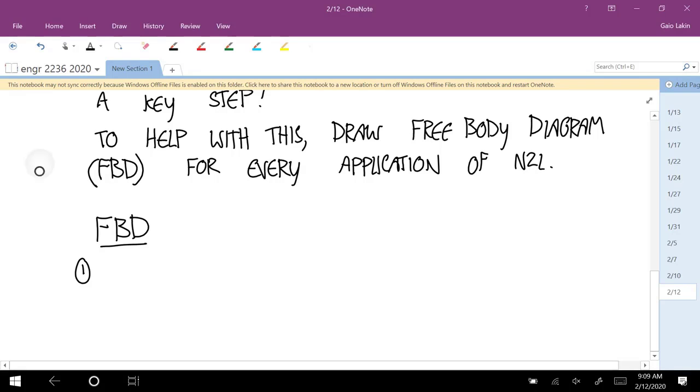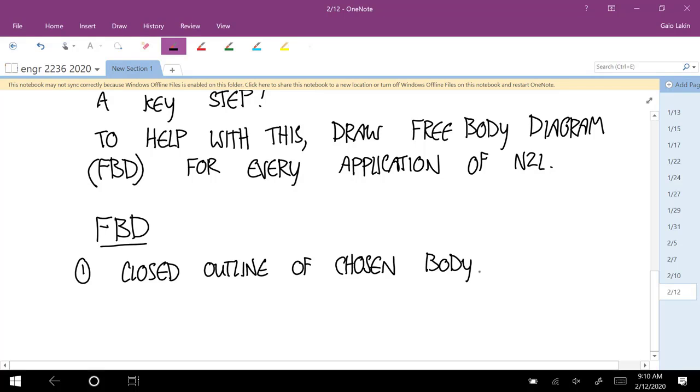I want you to first draw a closed outline of the chosen body with no external objects and no internal details.